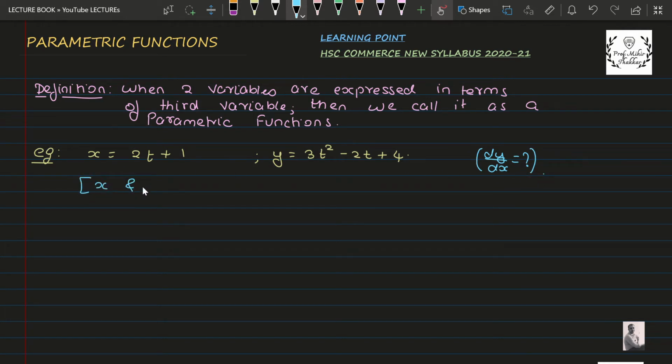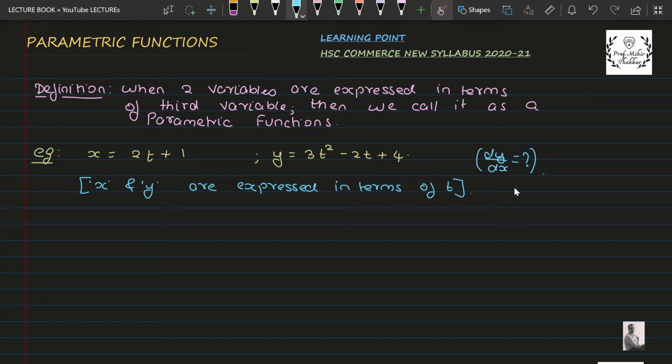Here x and y are expressed in terms of t.